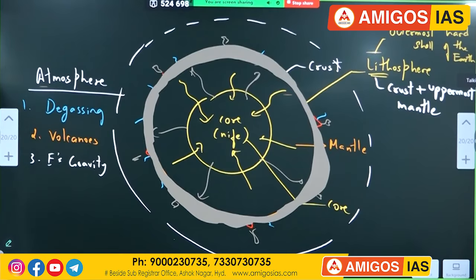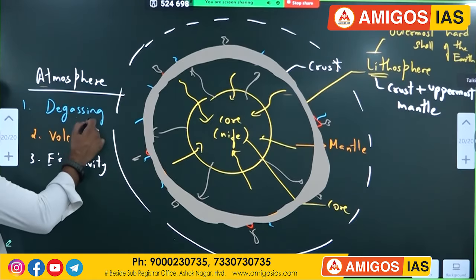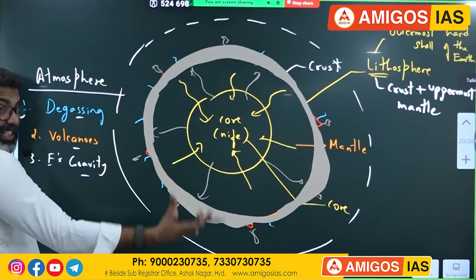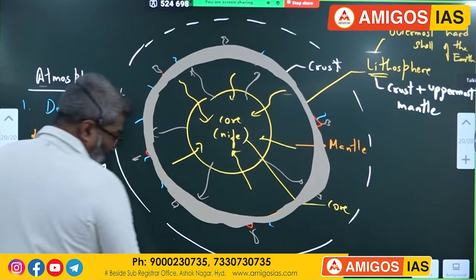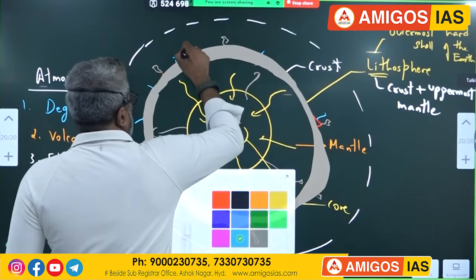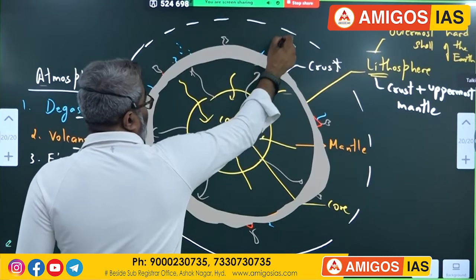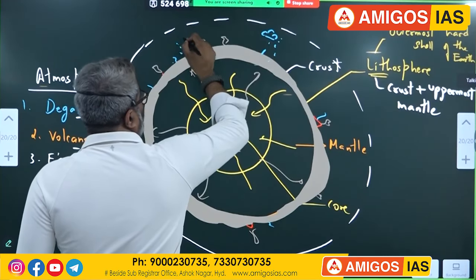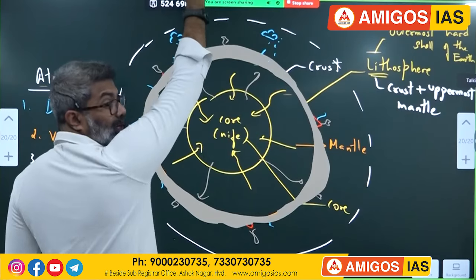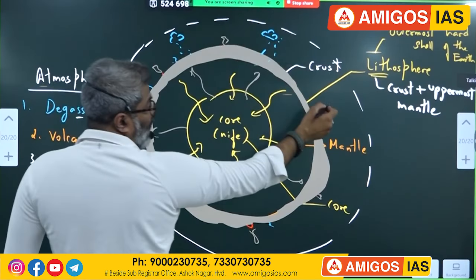Like this. Lithosphere is this part, outer part. Don't you think during the volcanoes, during the degassing process, a lot of heat is released? Vapor is also released. So all that vapor released here, you can see the blue color lines I have given, all that vapor will go up, will cool, condense to form clouds. As it goes up in the atmosphere, it will condense to form clouds.